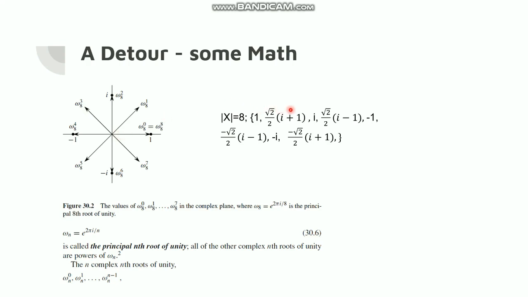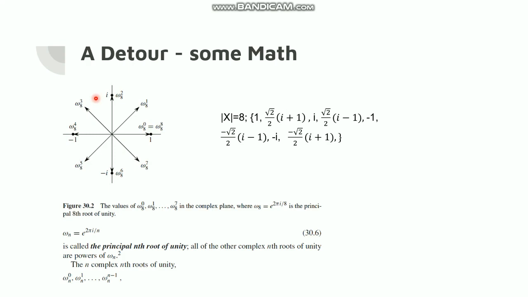Now let's look at square root of 2 over 2 times i plus 1. It has a value of square root of 2 over 2 for the imaginary part and square root of 2 over 2 for the real part. That's how it is plotted here.